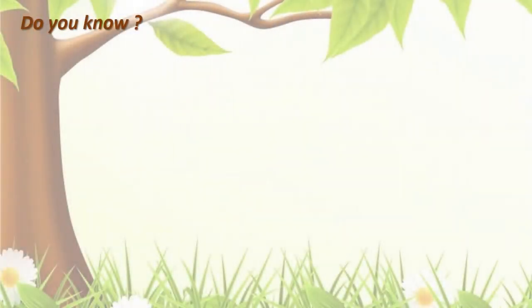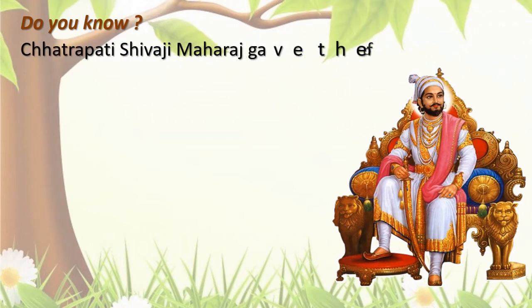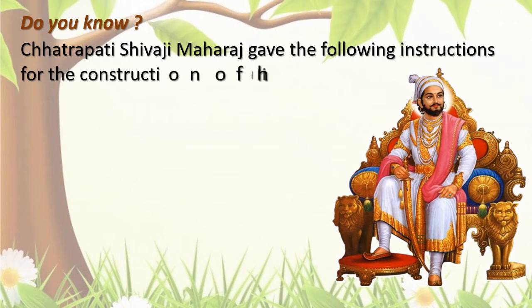Do you know, children? Chhatrapati Shivaji Maharaj, a brave and famous Maratha king, he had built so many hill forts in Maharashtra, isn't it? Yes. Before construction of these hill forts, he used to give some important instructions to the builders.